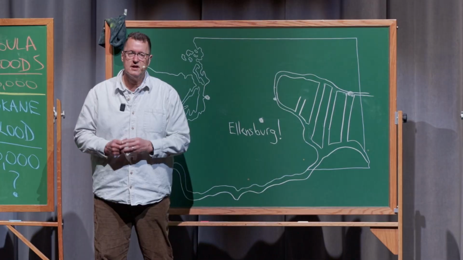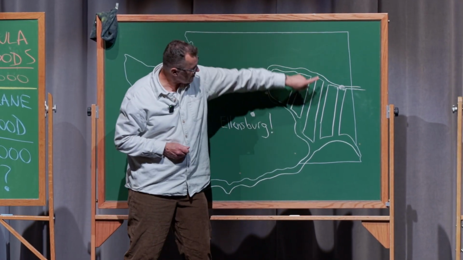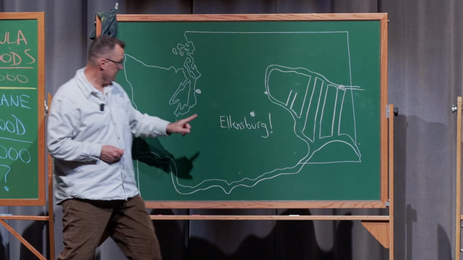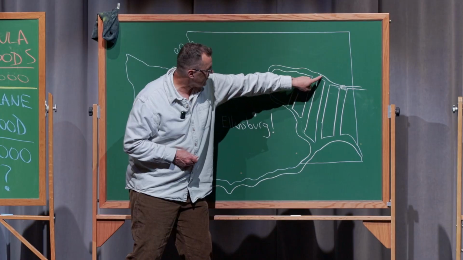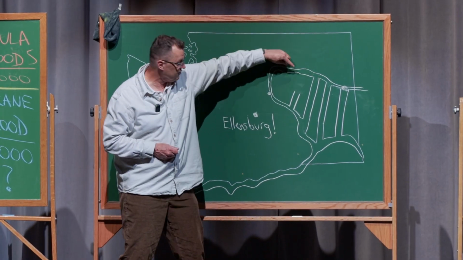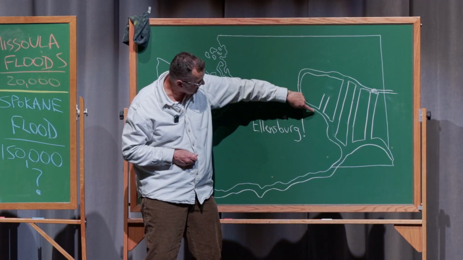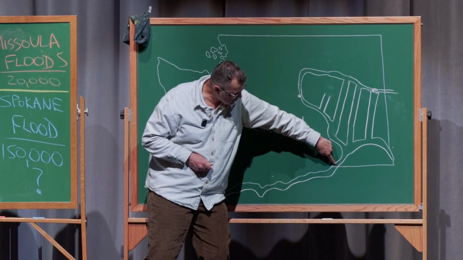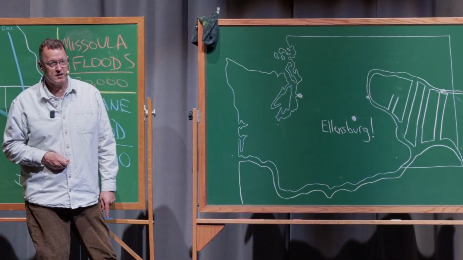So if you are unfamiliar with the Ice Age flood story, this is the Spokane River coming through downtown Spokane, Washington. Here's Seattle, Washington. There's Ellensburg. And this is the Spokane River that then merges with the Columbia River coming from the north. This is the Columbia River Valley, past Chelan, past Wenatchee, the Columbia River heading towards Wallula Gap, flowing past Portland and to the Pacific Ocean.